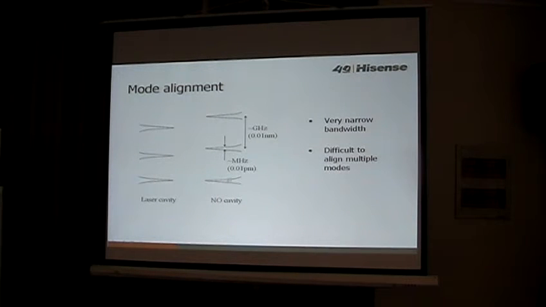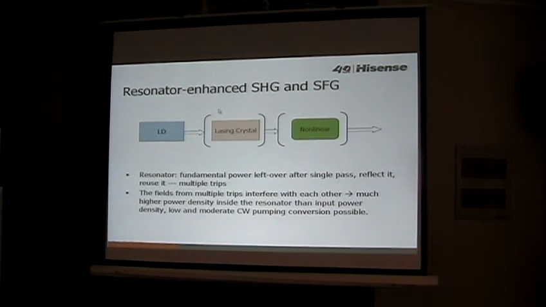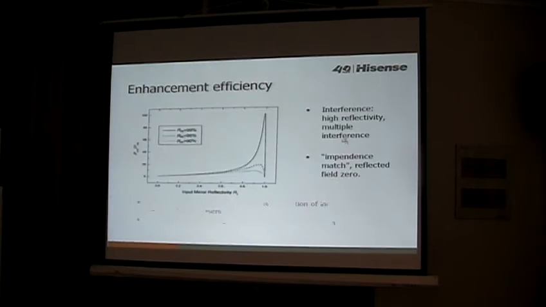The typical size of the nonlinear optical crystal is about a millimeter. At this size, the bandwidth is very, very narrow, about 0.0 picometers. For this level of bandwidth, it's very difficult because in this kind of configuration we have two cavities, one for the laser crystal and another for the nonlinear optical crystal.